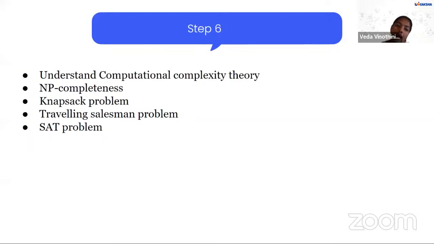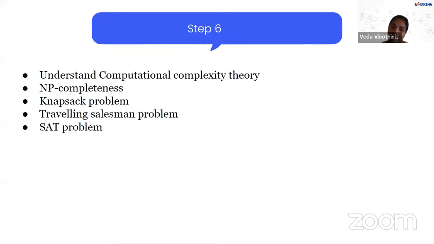Okay, so NP completeness, so P problems, NP problems. There are plenty of things you want to understand. Under that: knapsack problem, traveling salesman problem, and then SAT problem. These are some of the important problems you need to learn. So after completing your data structures, linear and non-linear, like arrays, stacks, queues, linked lists, and after that trees and graphs, jump into computational complexity.